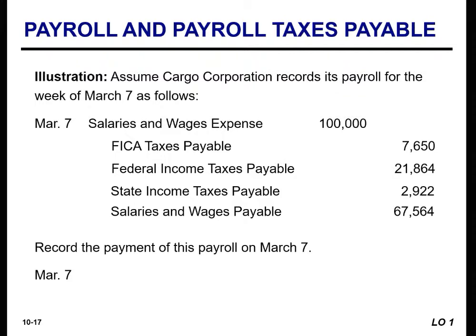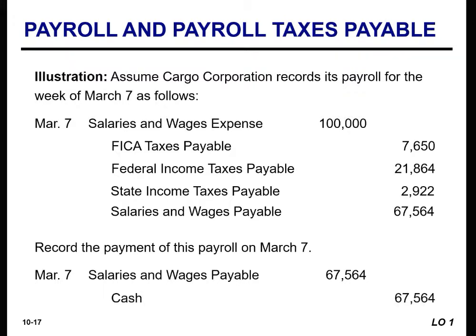Now, they're not writing these checks today. They're going to write them at a later date. So, when we actually go about recording the payment of these, we would reduce our salaries and wages payable by $67,564, and we would have checks or cash in the amount of $67,564 that would be paid to the employees.